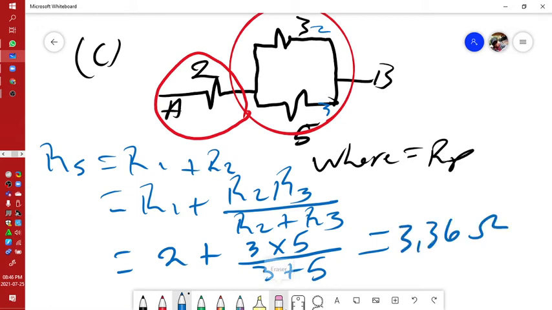Okay, and 3 times 5 over 3. Okay, it's a mistake. This is 8. So it's 3 plus 5 which is 8. Correction, this is 8. Okay.